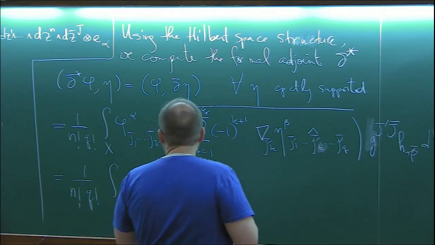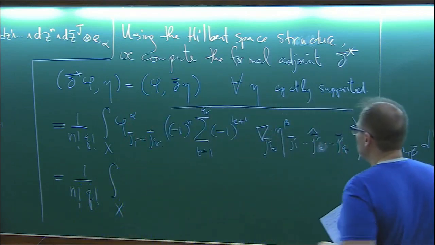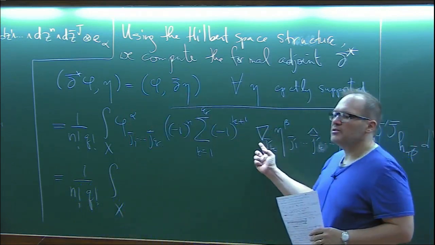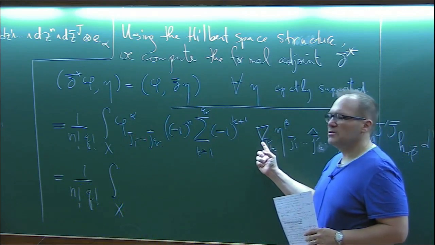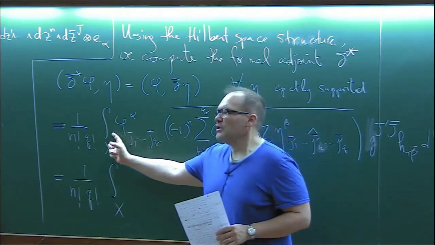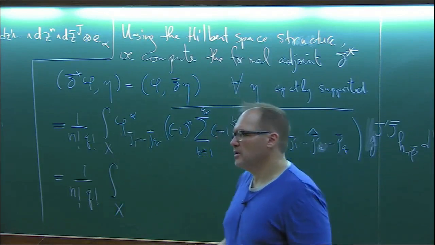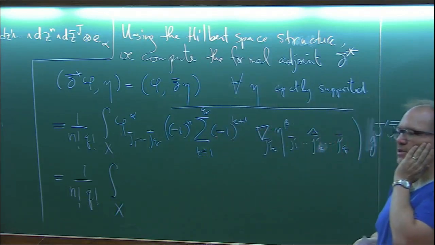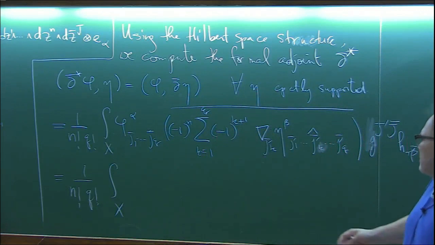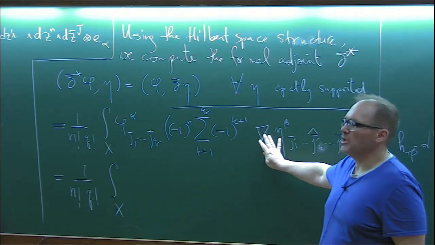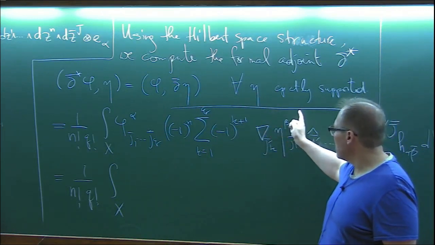So now what I want to do is to apply integration by parts to move this operator to this function. So you may wonder, how are you applying integration by parts? Because this is some kind of potentially complicated operator. So it's a complex conjugate.